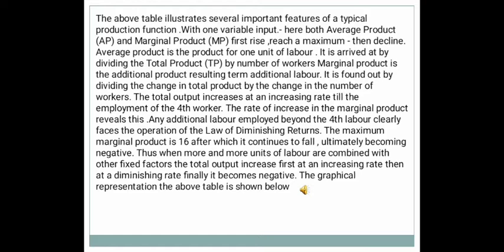The maximum marginal product is 60, after which it continues to fall and ultimately becomes negative. Thus, when more and more units of workers are combined with other factors, the total output increases first at an increasing rate, then at a diminishing rate, and finally it becomes negative.